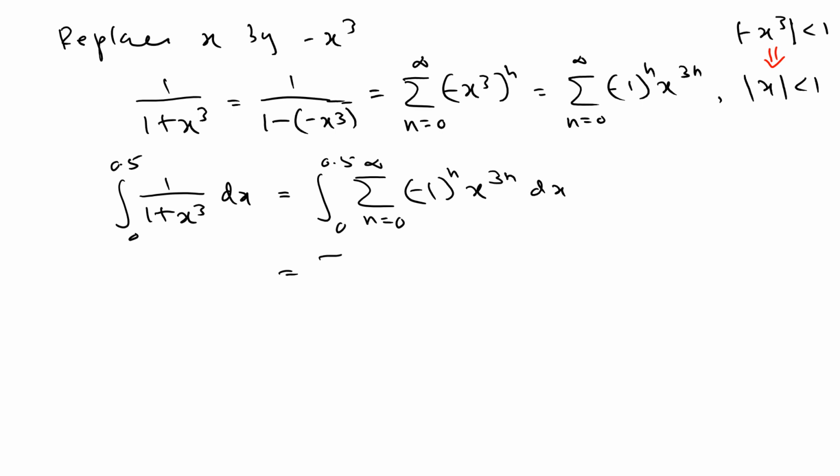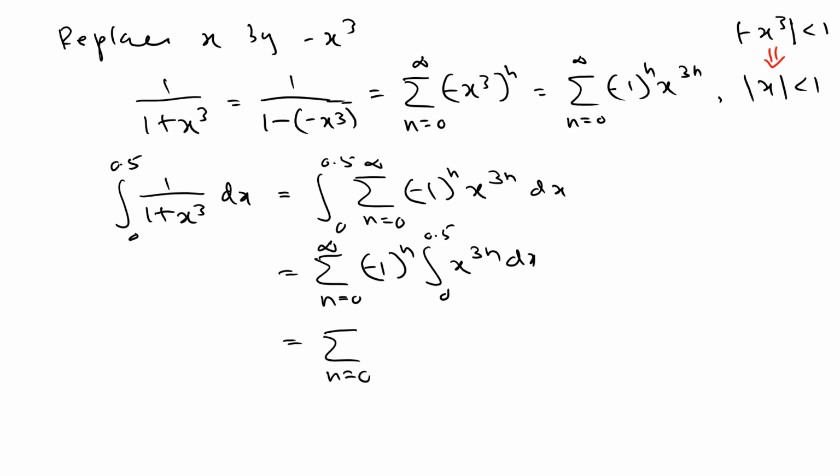Switch the sigma, pull the unnecessary terms out, and then integrate inside from 0 to 0.5. If you do that, you're going to get the sum from n equals 0 to infinity of (-1)^n x^(3n+1) over 3n plus 1, evaluated at 0.5 and 0.